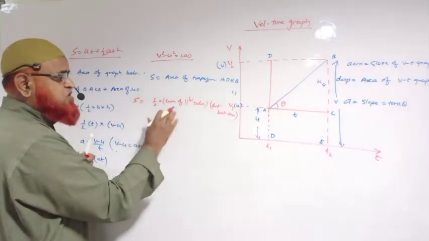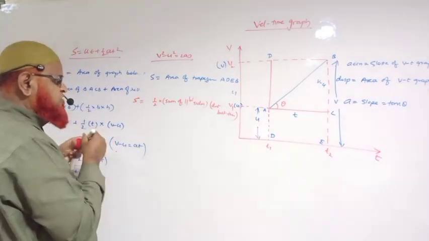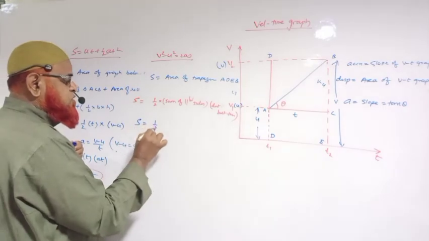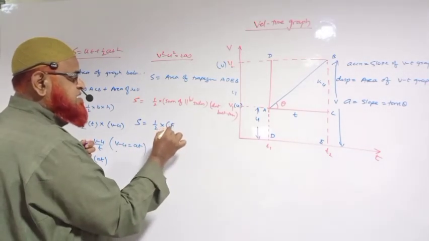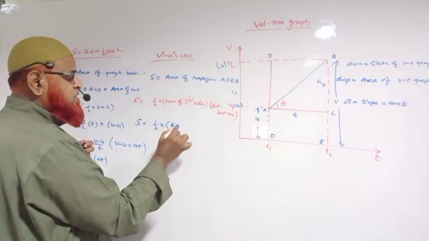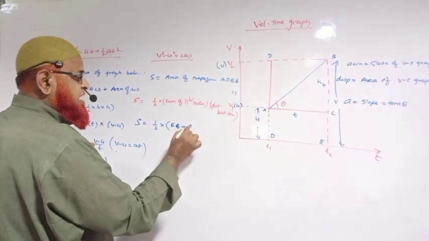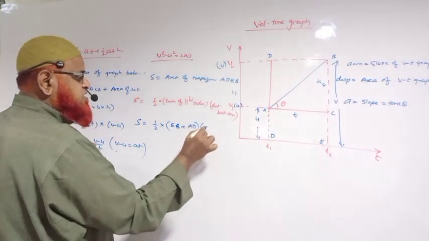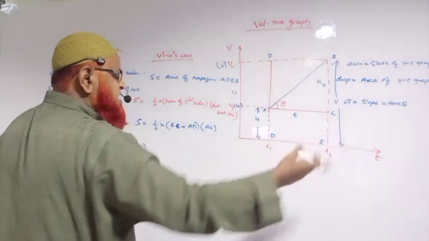So you will just apply the formula here. s is equal to half, sum of the parallel sides are nothing but EB plus AD, into the distance between them, which is AC. AC is the distance between the two parallel sides, or DE is also the same.